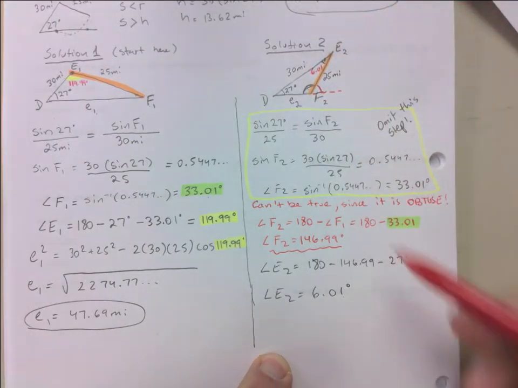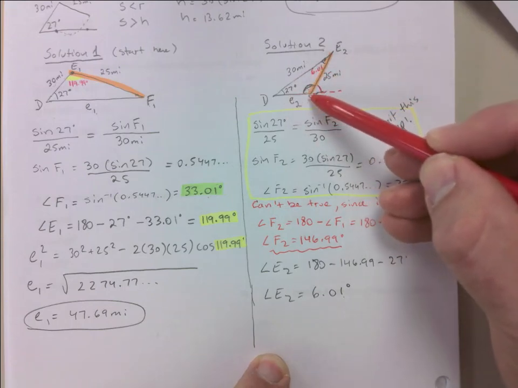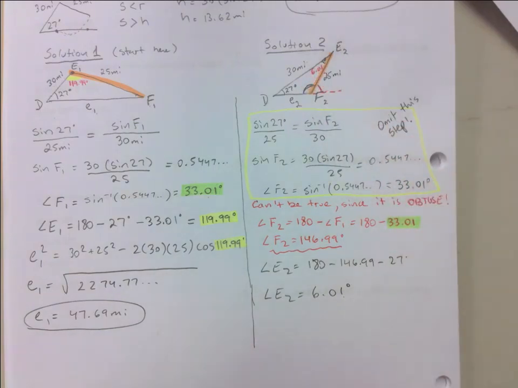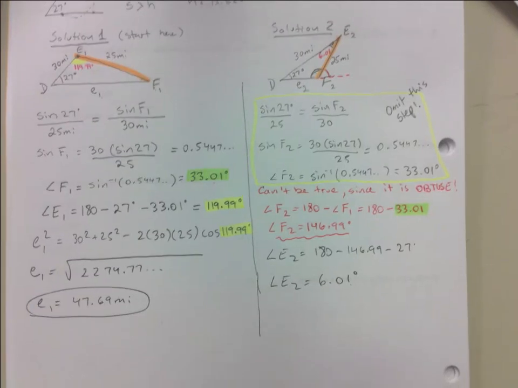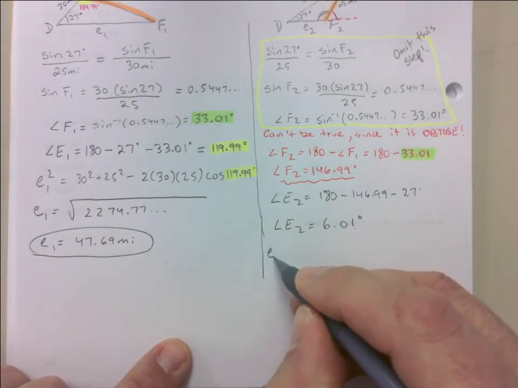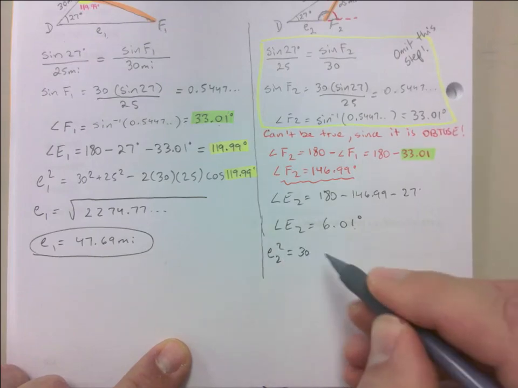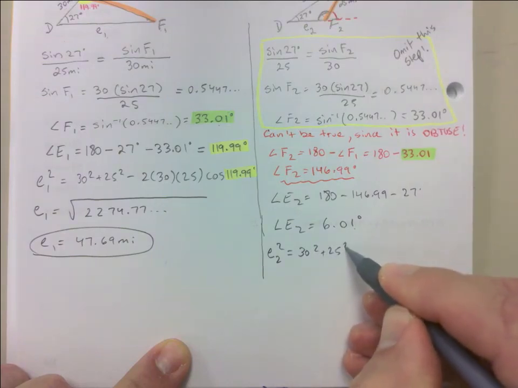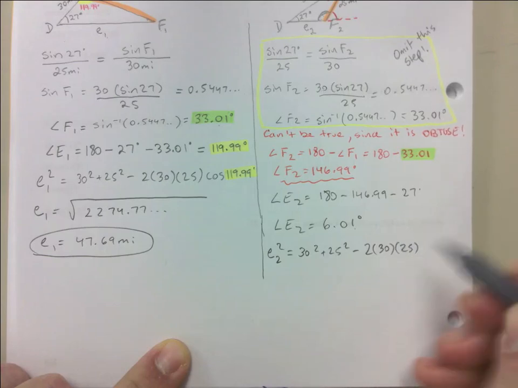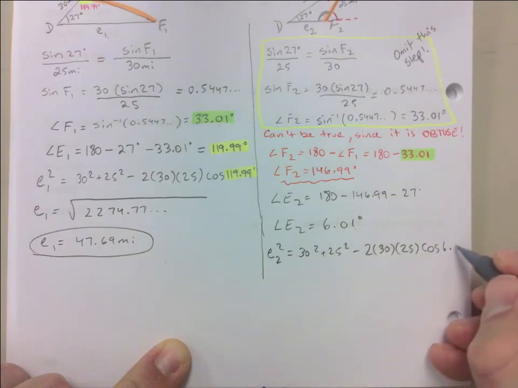6.01. Now I have SAS up there to be able to solve this. You could have used sine law, it's up to you. I really don't care what you use to solve for either. So here, E2 squared is going to be 30 squared plus 25 squared minus 2 times 30 times 25 times cosine of 6.01.